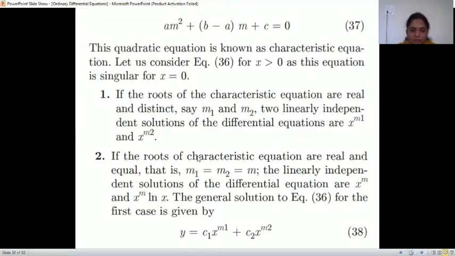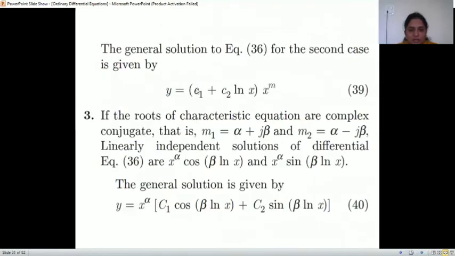Secondly, if the roots are real and repeated or equal, for example, if m1 is equal to m2, and these two terms are the same, then the solution is y is c1 plus c2 ln x into x raised to m. As in LE, we have written c1 plus c2x, right? But here we have to write c1 plus c2 ln x into x raised to m.